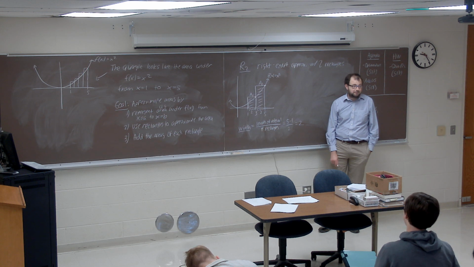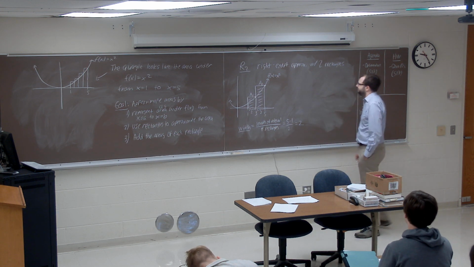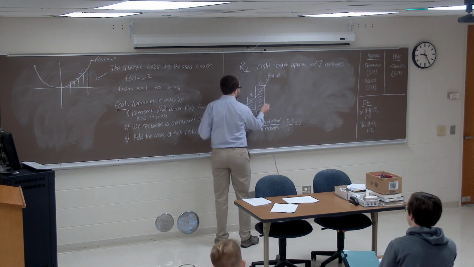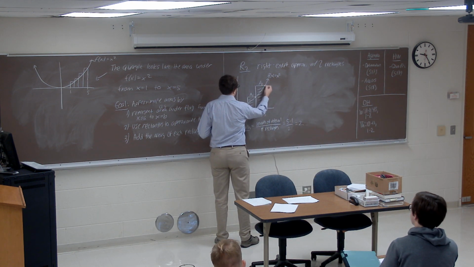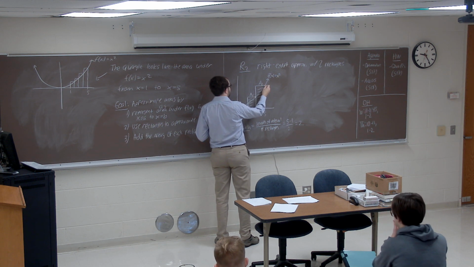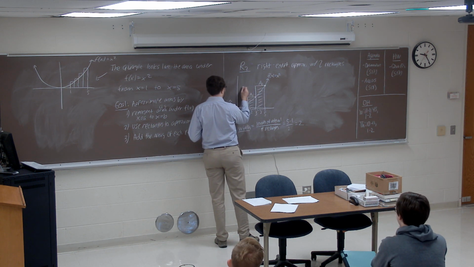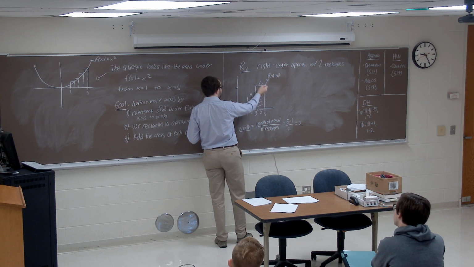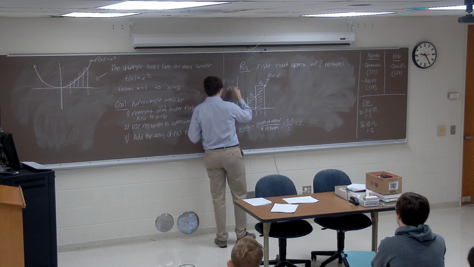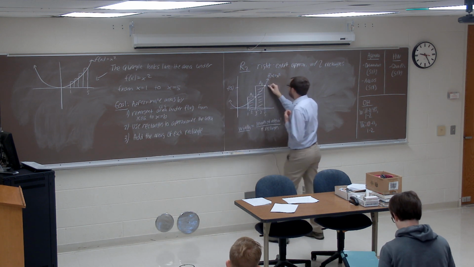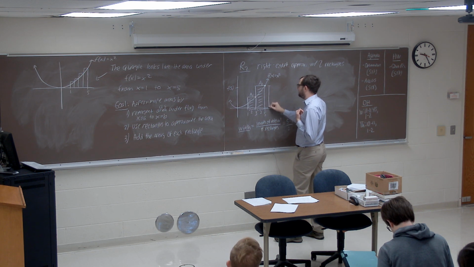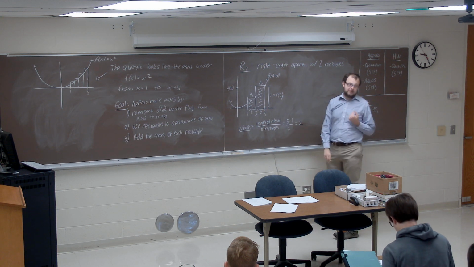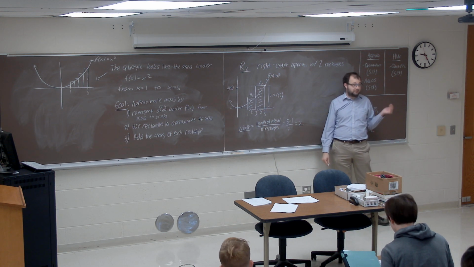Yes, James. You plug 5 in for f of x to get 25. Yeah, because at the point x equals 5, the y-coordinate of this point corresponds to what we would get if we plugged 5 into the function f of x. So the height of this rectangle is going to be f of 5, which will be 25 once we plug it into the function, because f of x is x squared.